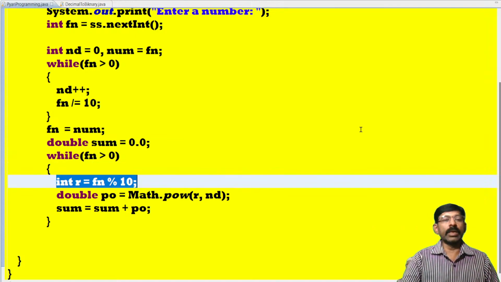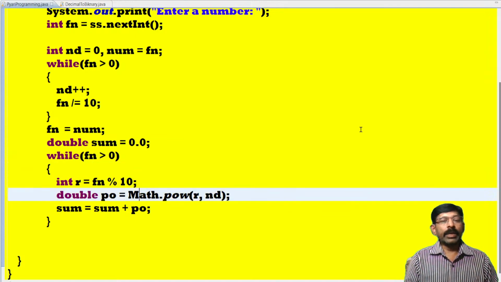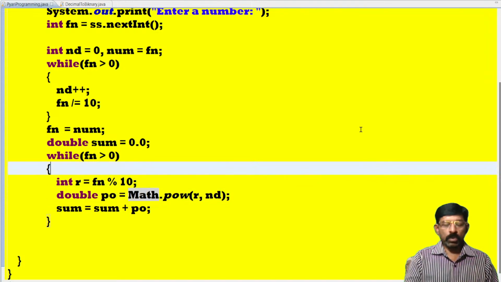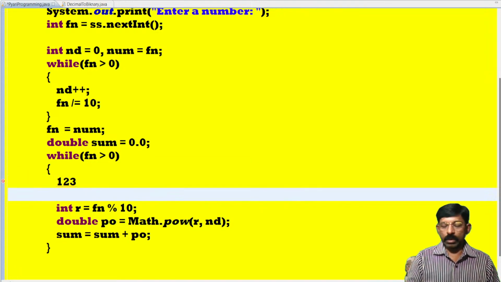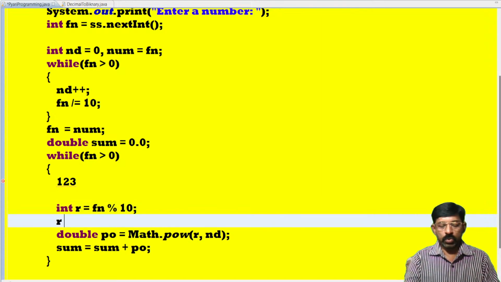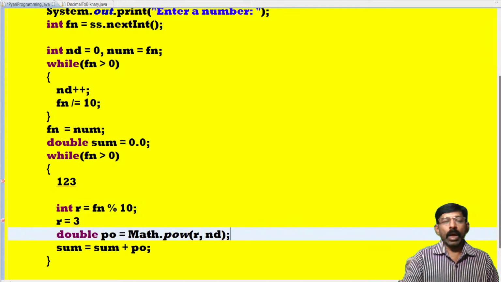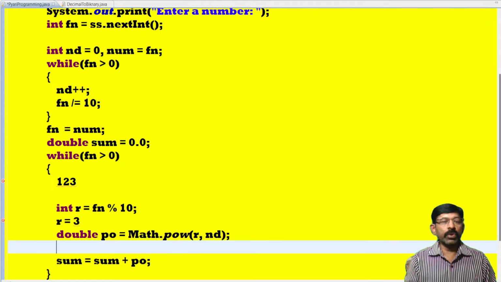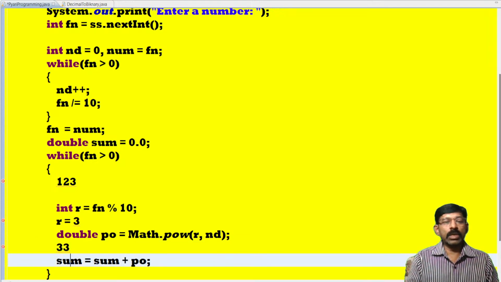Here I'm extracting a digit. And here, suppose the number is 123. Now R is 3. After this, R is equal to 3, and here the number of digits is 3. So it is 3 to the power 3. Now 27 is added. Power is 27, added with sum.